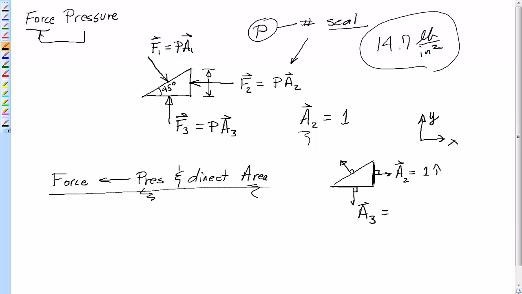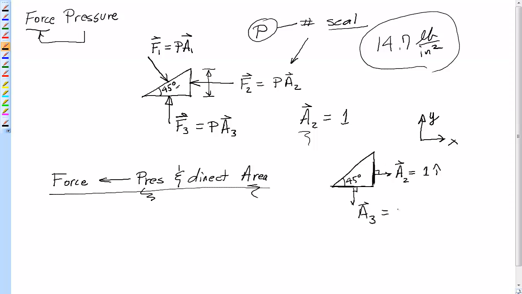It doesn't look like 45 degrees. If it were 45 degrees, maybe I should make it 30 degrees. Well, let's just stick with 45 right now. So if it were 45, it would look more like that. So let's assume it's 45 and that this drawing up here is skewed a little bit.